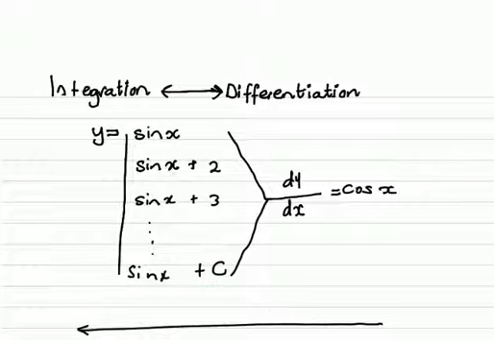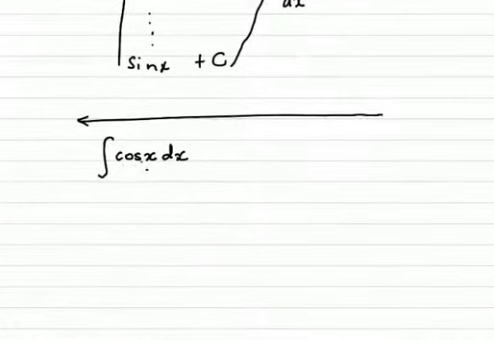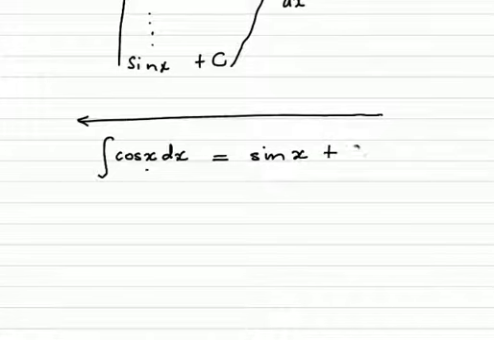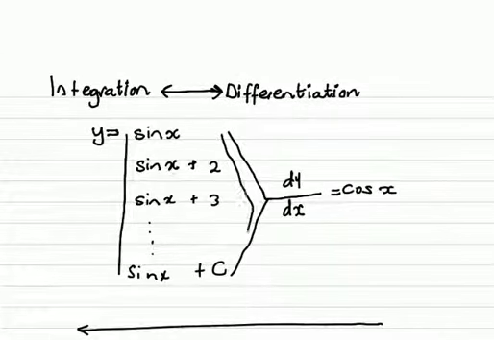So in that case, we would say the function that was differentiated to get this derivative, the integral, is equal to sine x plus c. And that c here is a real number standing for the range of possible constants throughout this column of functions.